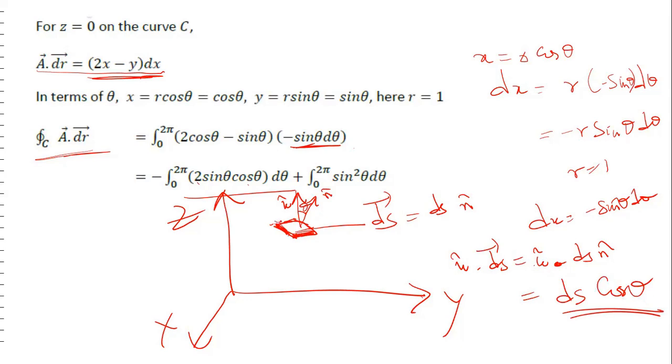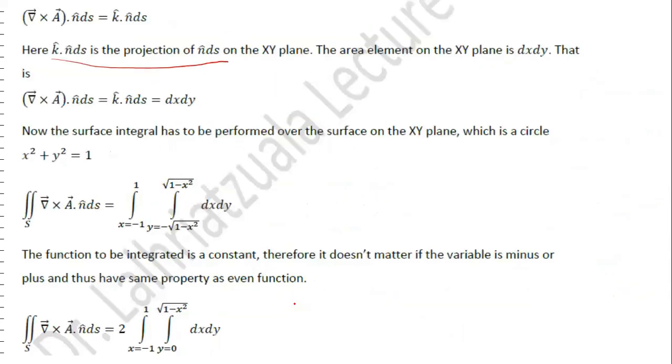If this is your ds here, ds cos theta will be the projection of this surface on your xy plane. So on the xy plane, the area element will be dx dy.